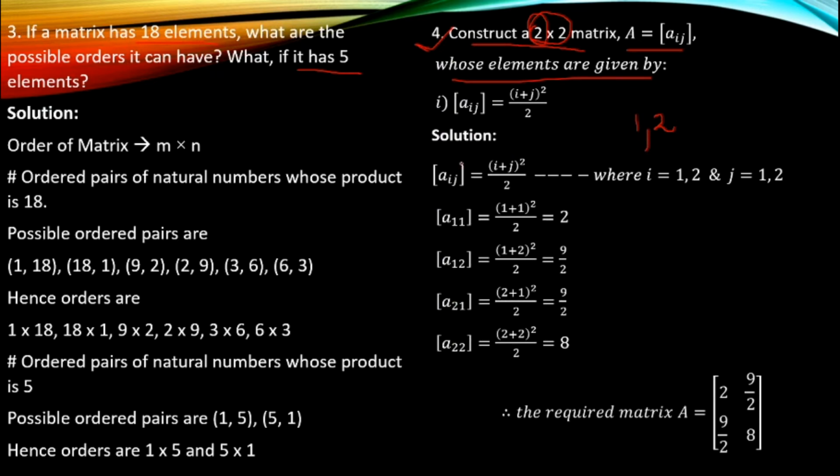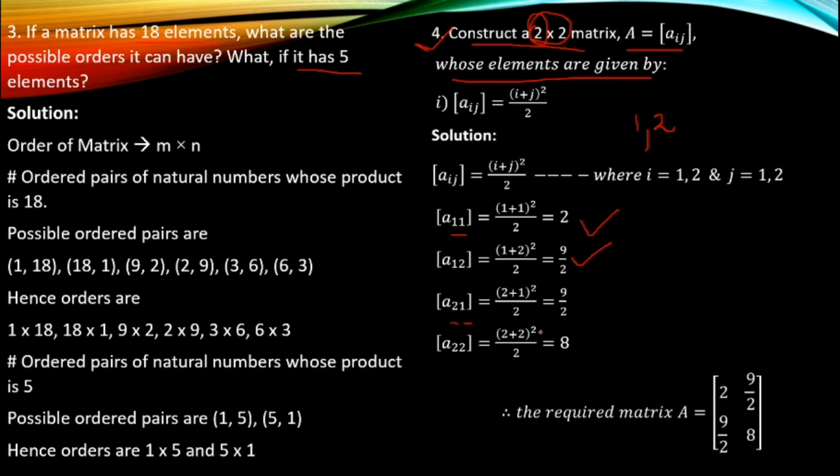First we'll go for a11, that is both i and j are 1. We substitute in this. So 1 plus 1, we solve it, 2 square is 4, by 2 we get 2. Then a12, when we solve this, we get 9 by 2. a21, that is i is 2 now, j is 1.